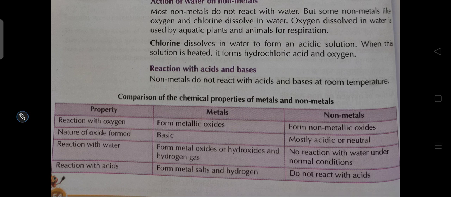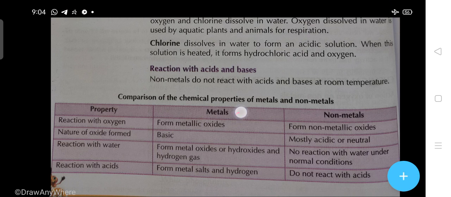So students, here are some properties of metals and non-metals. Reaction with oxygen: if a metal reacts with oxygen, it forms a metallic oxide, and non-metals form a non-metallic oxide. The nature of the oxide is basic in metals, and in non-metals it is mostly acidic or neutral.